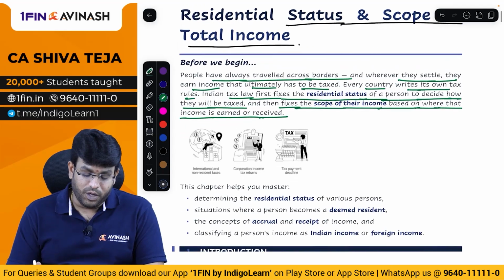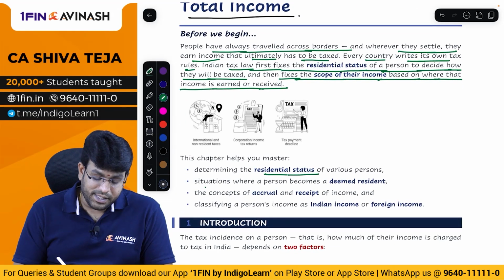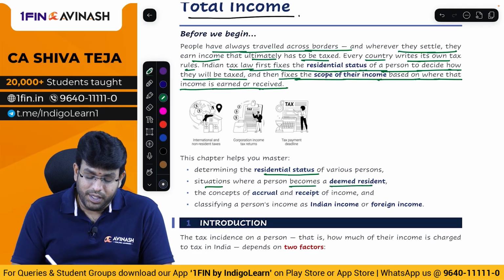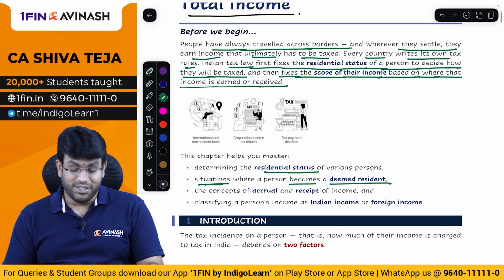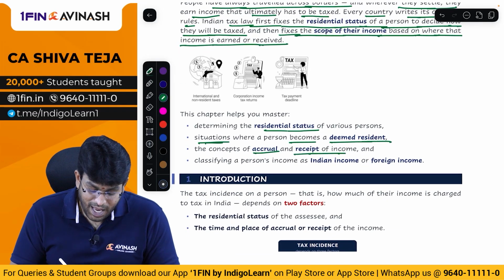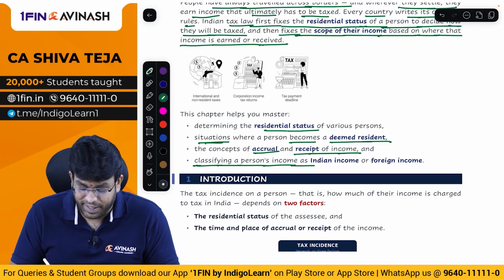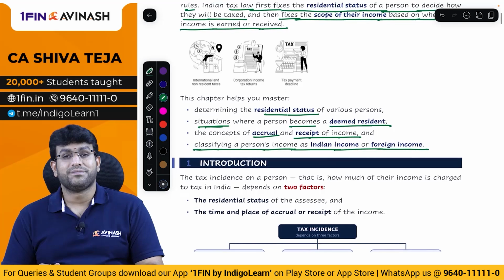In this chapter, we are going to learn how to determine residential status, cases where a person becomes a deemed resident, who is not a resident but is deemed to be a resident, the concepts of accrual and receipt of income, and how to classify a person's income as Indian income or foreign income.